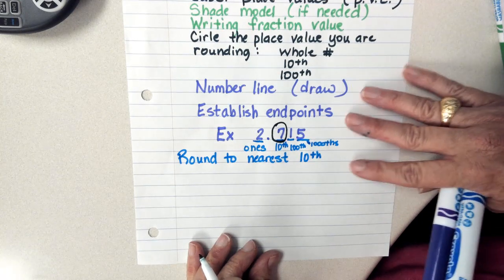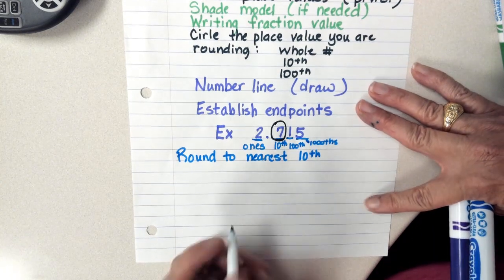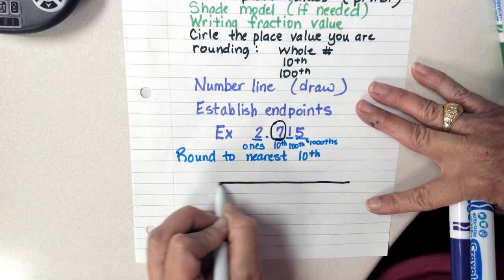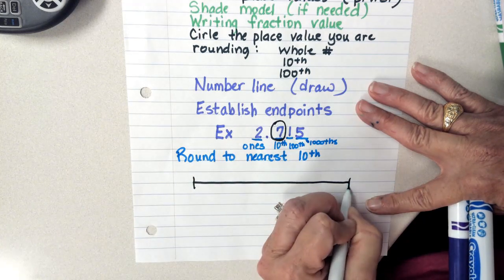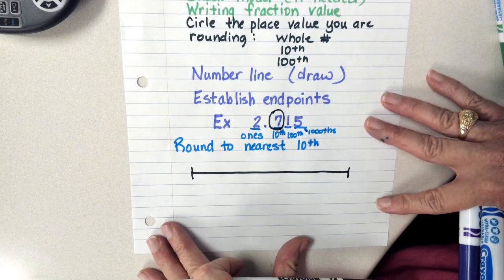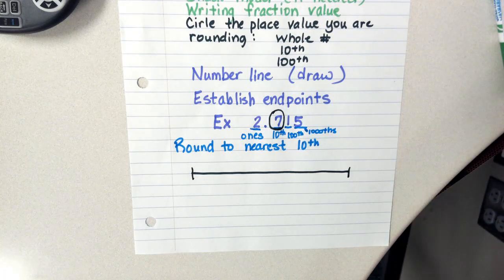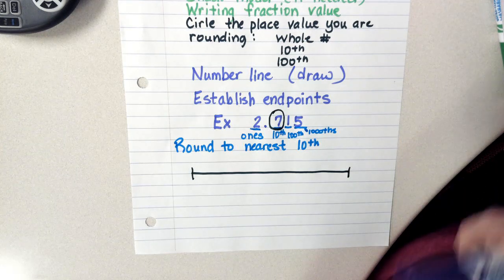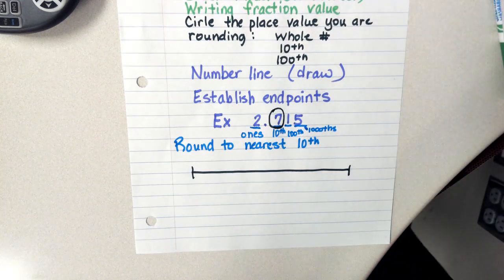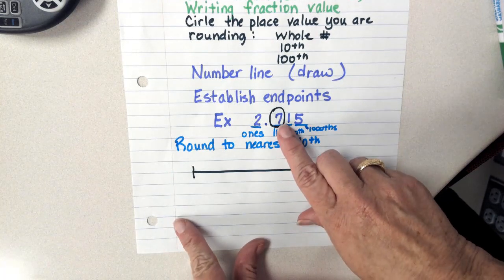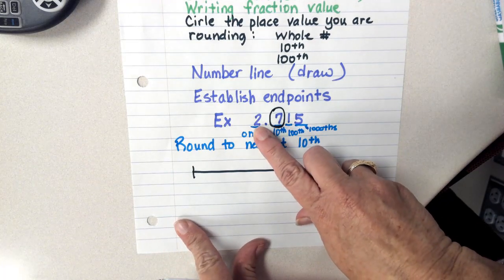So now we're to that number line piece. Gonna make my endpoint. And this seems to be the scariest part for 5th graders because they're not sure what to put as the end for the endpoint. So the best way I know to make this easy for you is you take anything in front of your circle and you keep it.